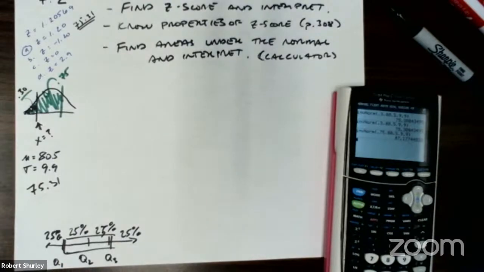Was that right? 87.18? 87.18. Yep, there it is. That's it. So if you see quartile, it goes by: the first quartile would be 25%, right? The second quartile is 50%. Third quartile is 75%.